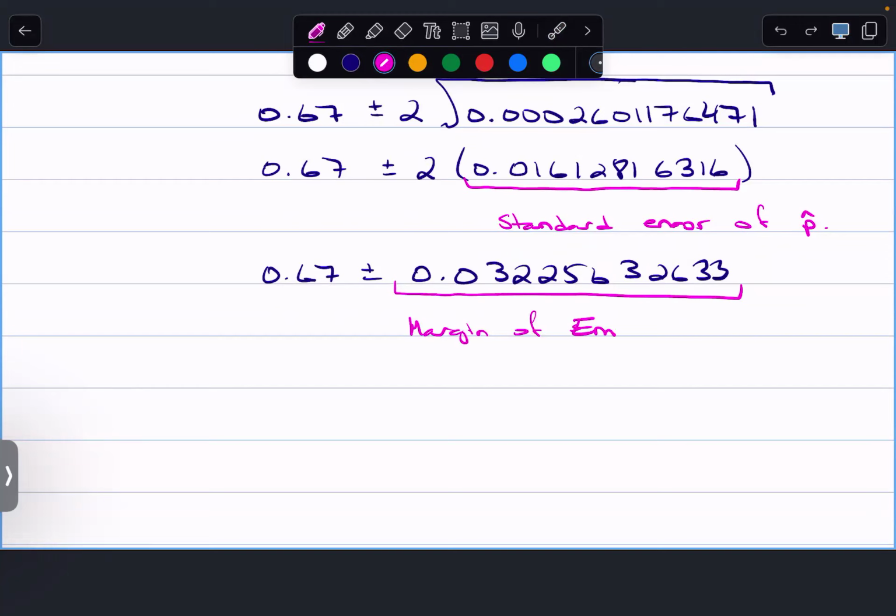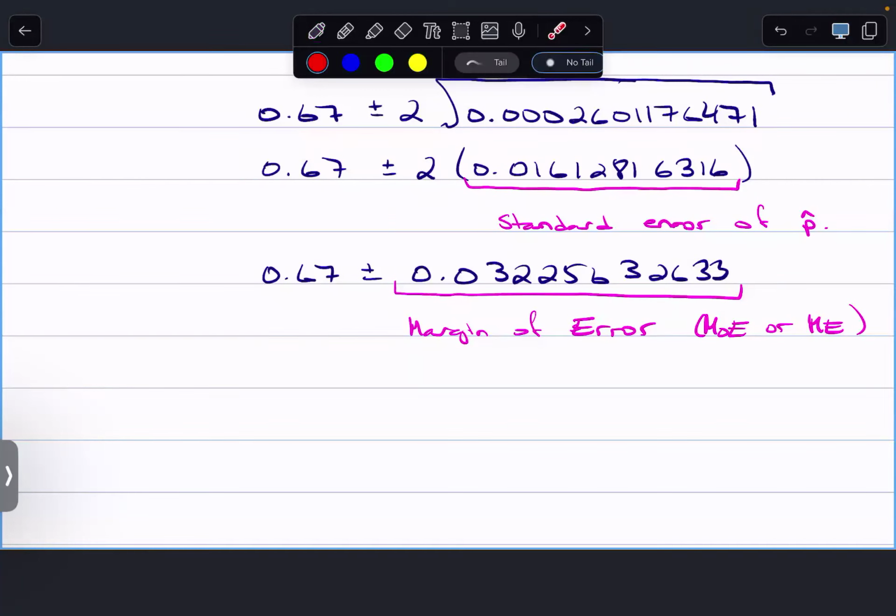Depending on your field, it might be MOE or ME. Doesn't matter as long as you recognize it. And so that's going to be your buffer, right? And so plus minus the margin of error.